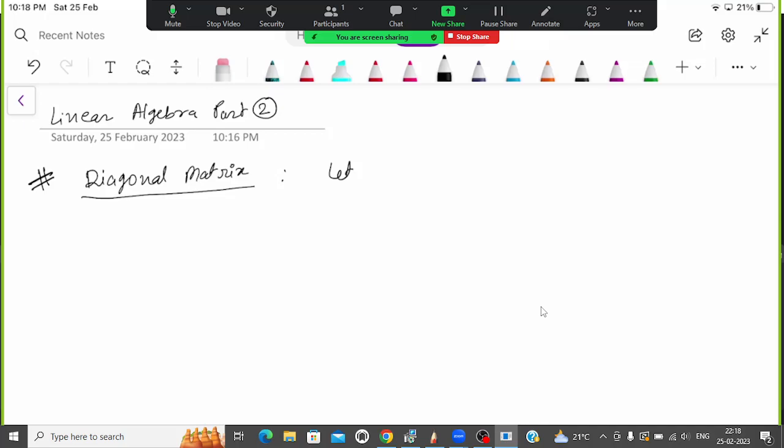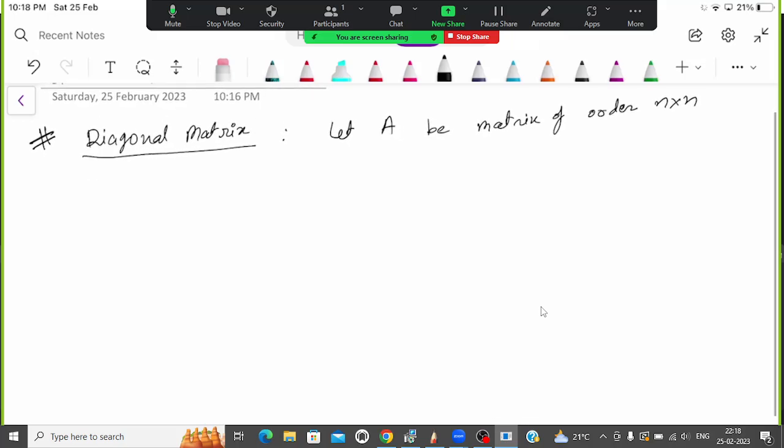Let A be a matrix of order n by n, meaning a matrix which has n rows and n columns.